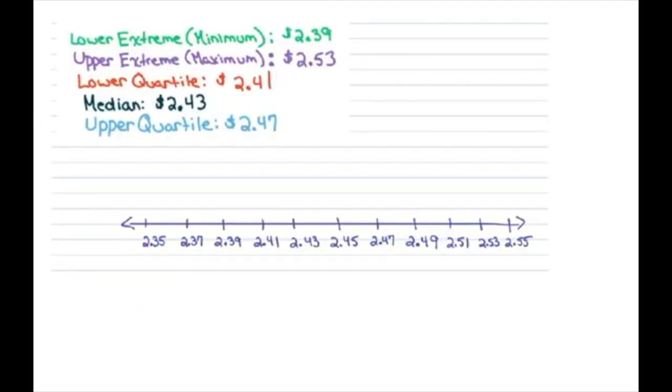Now you can see when I started my box plot, I did not begin with the minimum value of $2.39. I began a little bit before that with $2.35. And then I chose to skip count by 2. So my maximum value did not end at $2.53, but $2.55. So you can do that, and you're more than welcome to extend your values a little bit.